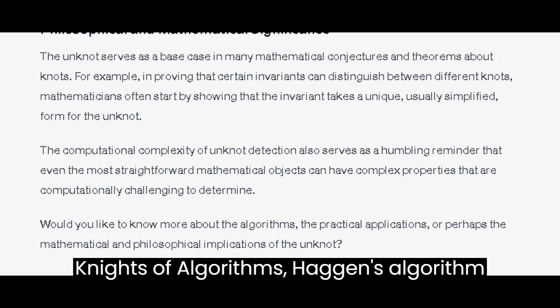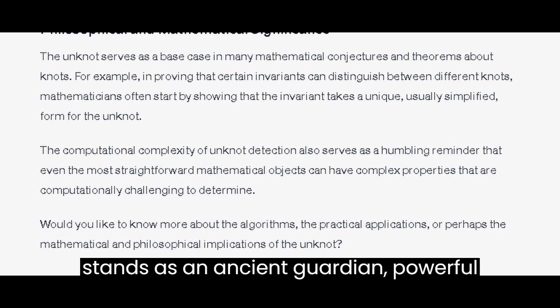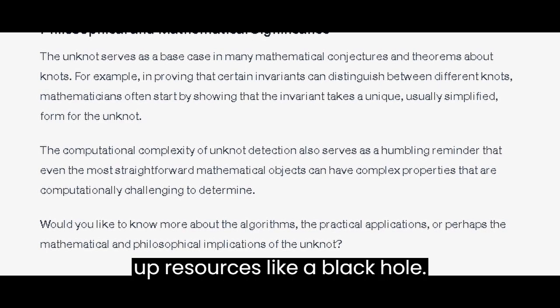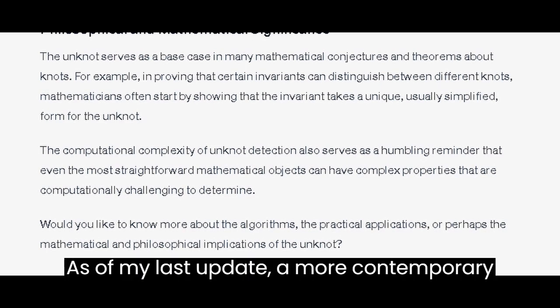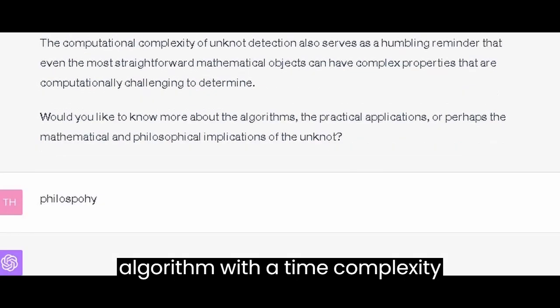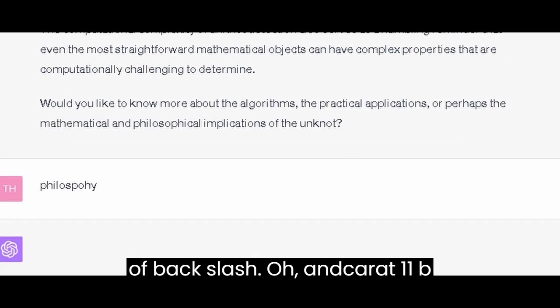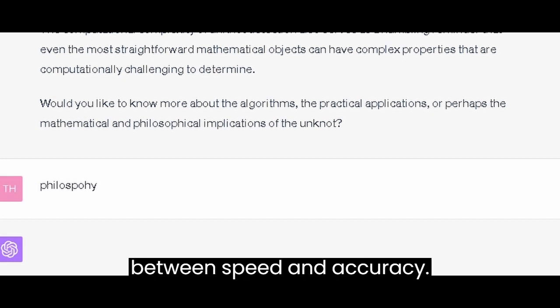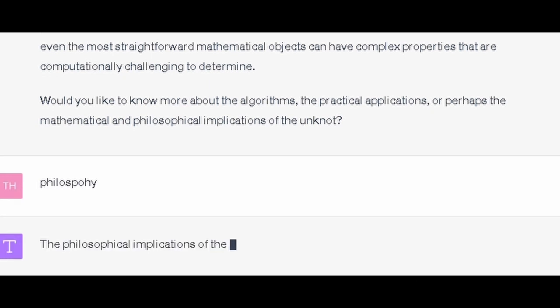Among the knights of algorithms, Haken's algorithm stands as an ancient guardian, powerful but computationally voracious, gobbling up resources like a black hole. As of my last update, a more contemporary hero arose, Mark Lackenby, wielding an algorithm with a time complexity of O(n^11), striking a balance between speed and accuracy.